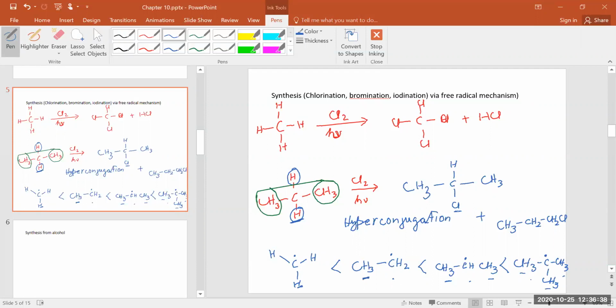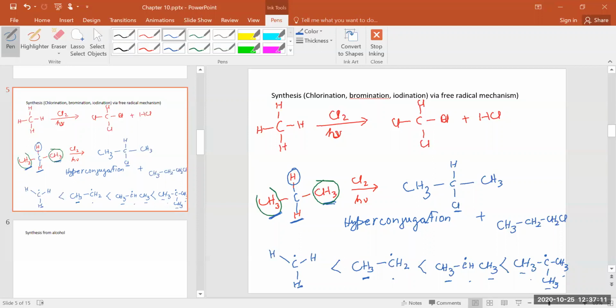Why? Because here we have two secondary hydrogens, but six primary hydrogens. Once we know the percentage of the product, we can calculate the reactivity of the product formation.